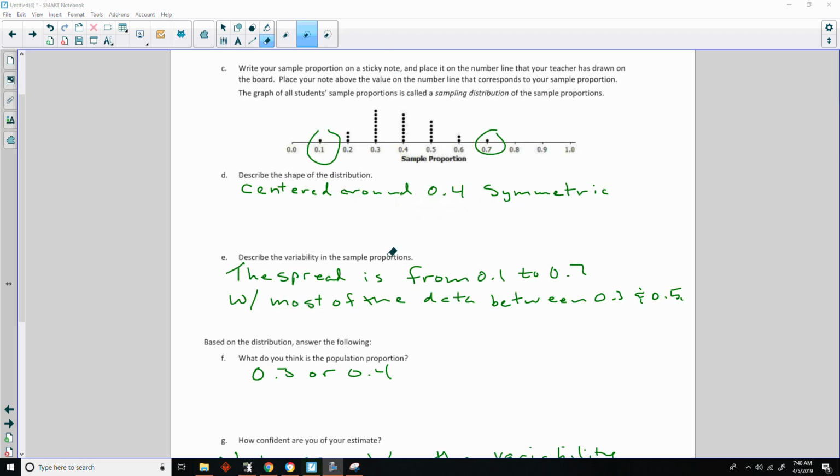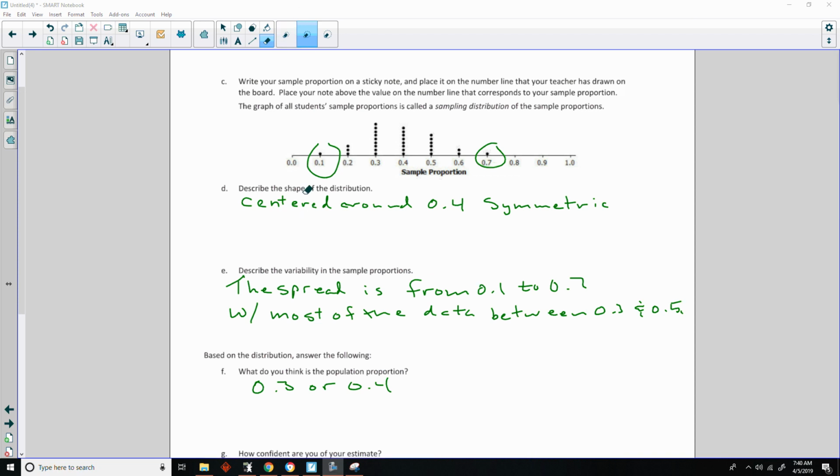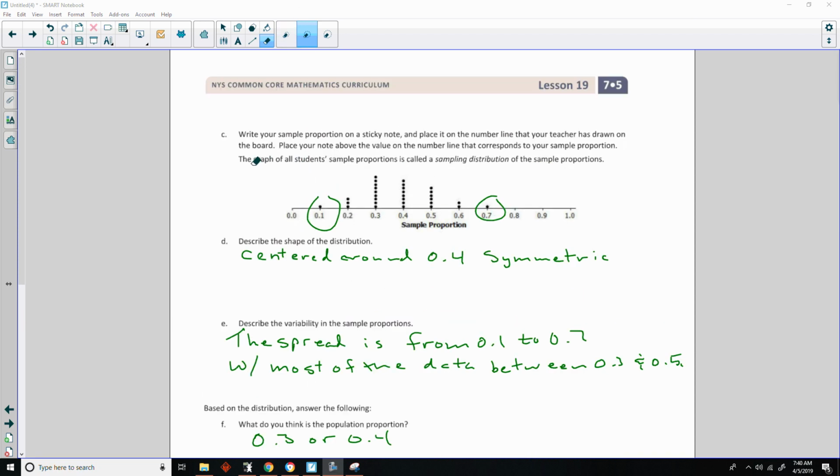Okay, so let me recap this page before we move on. This was a sample proportion that I brought in. It's centered around 0.4 or maybe 0.3, somewhere in that area. And it's symmetric. This is a bell-shaped curve. Describe the variability in the sample proportions.